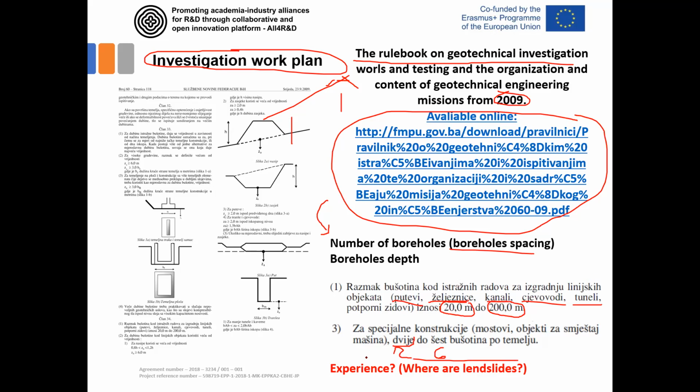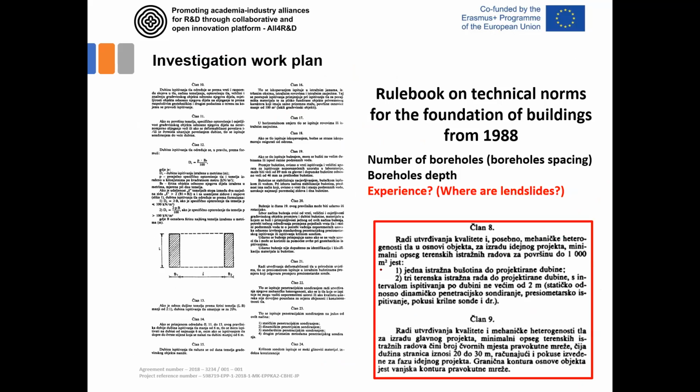As you see, nobody mentions landslides in this rule book. What happens when we need to construct the highway in the landslide area? Well, some useful information we'll share later in this presentation regarding the concept of investigation works for a construction in the landslide.